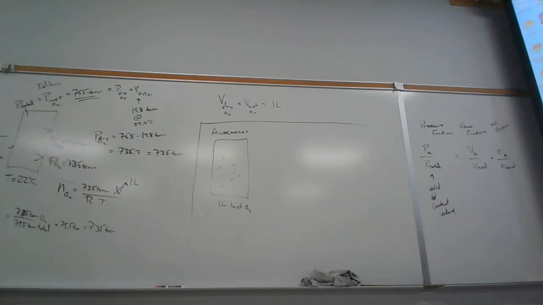And the pressure is going to go down there. So if I take 1 liter of oxygen plus 1 liter of water vapor, that's going to give me 1 liter of mixture. But if I take the pressure of the oxygen plus the pressure of the water vapor, this will give me the pressure of the mixture, the total pressure.